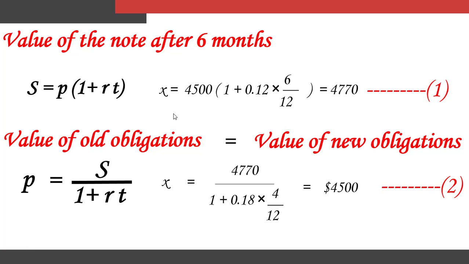In value equations, which is value of old obligations equal value of new obligations, the value of 4,770 at focal date must be equal the value that the buyer will receive.